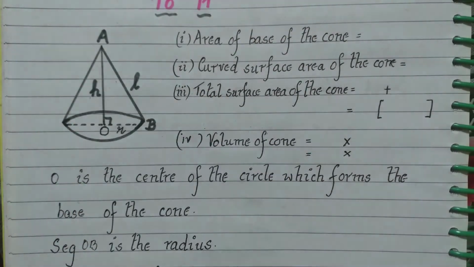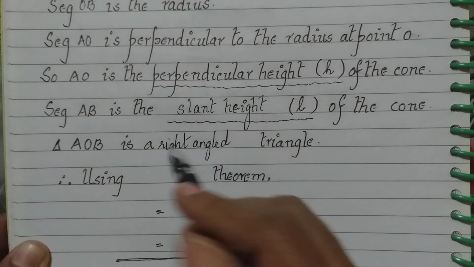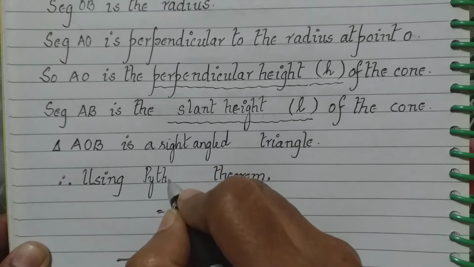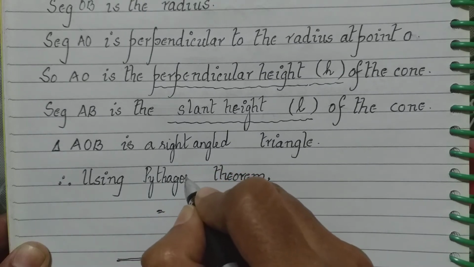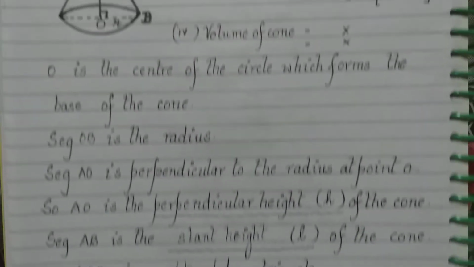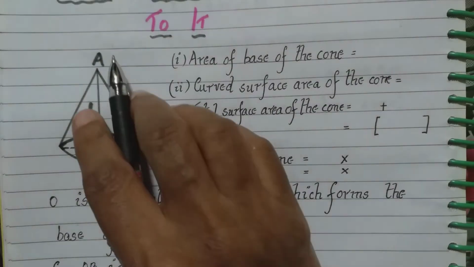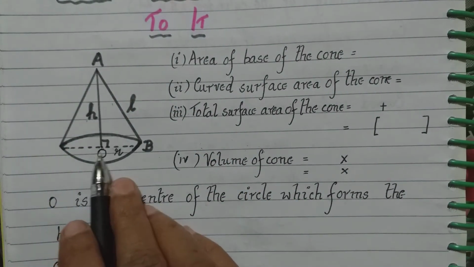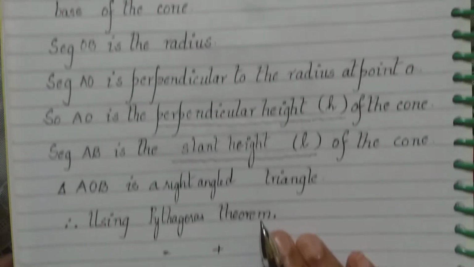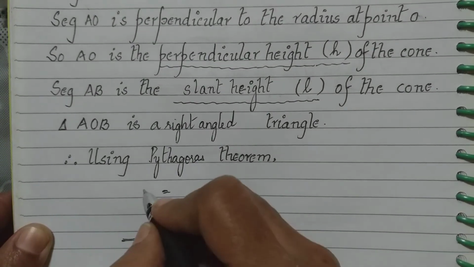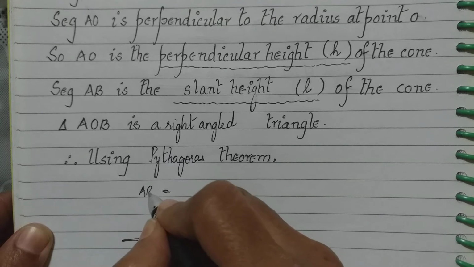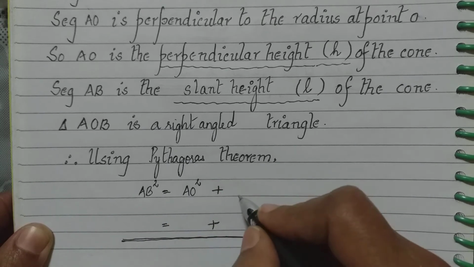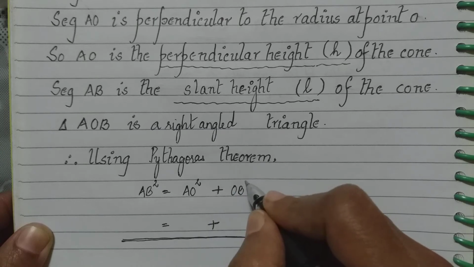So we write here using Pythagoras theorem. Look at the figure. The hypotenuse square, that is AB square, is equal to AO square plus OB square. So we write here AB square is equal to AO square plus OB square.